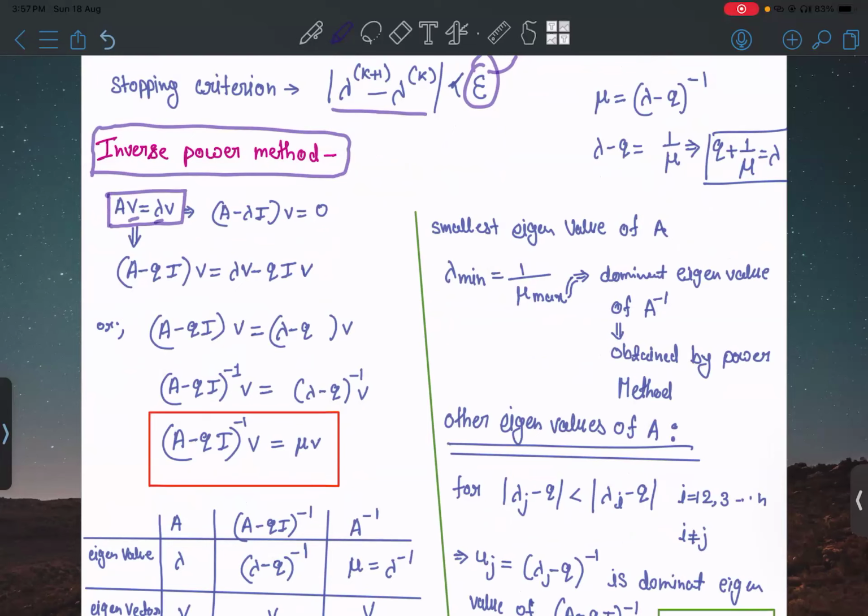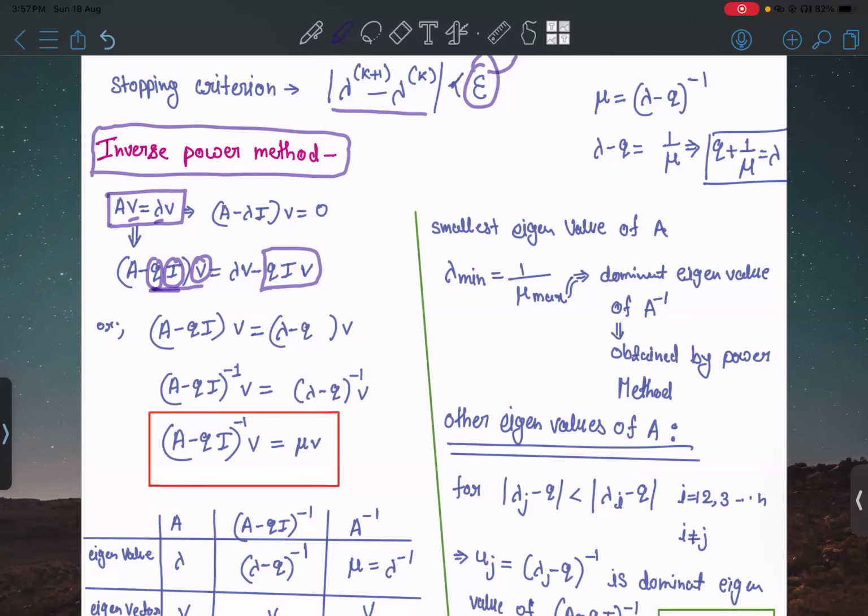Then I can write A V equals lambda V. Now I will add some scalar q multiplied by the identity matrix multiplied by V, and subtract this q I V on both sides.